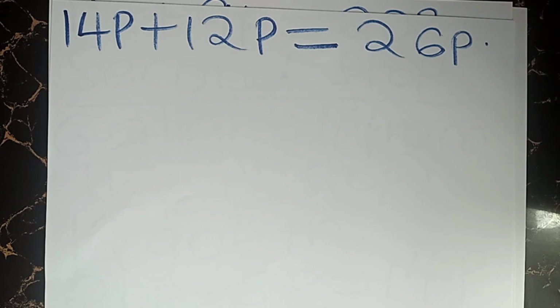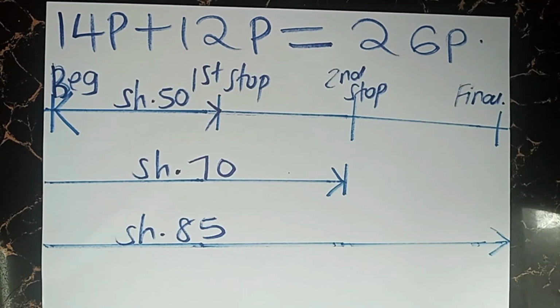The charges from the starting point were 50 shillings up to the first stop, 70 shillings up to the second stop, and 85 shillings up to the final destination. So here we can draw a line to illustrate this. Remember that these charges were from the starting point. So that's why we are doing this.